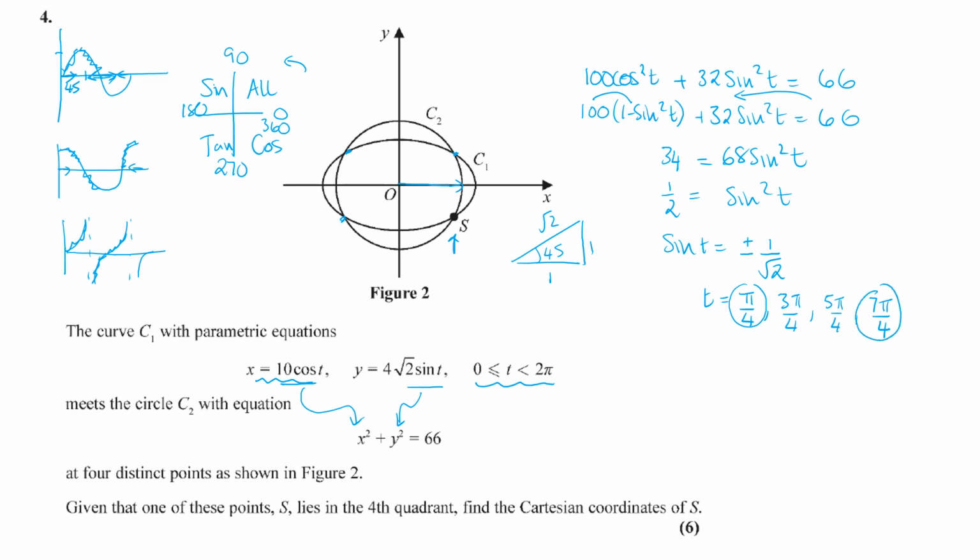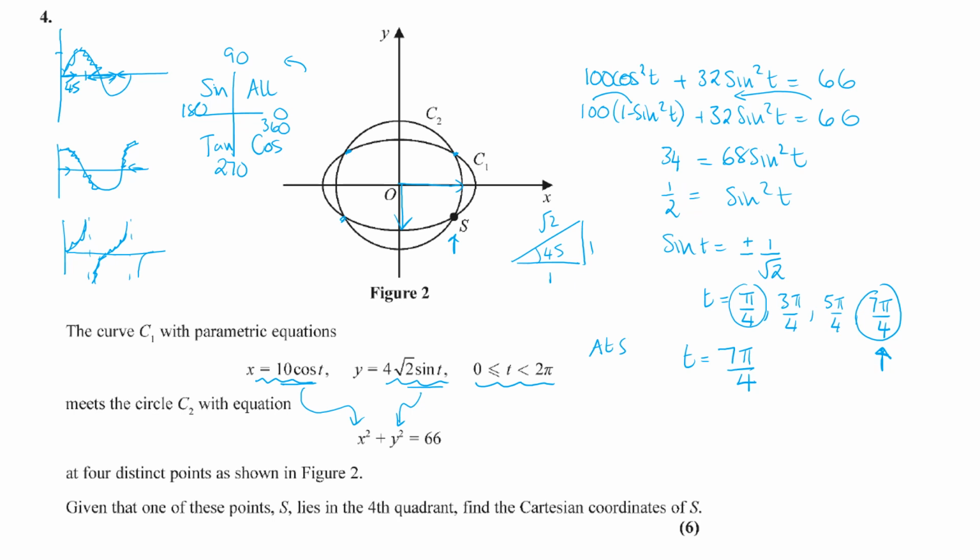So both of those angles will make the x positive. Now which one of those will make the y negative? Because y needs to be negative to be in that 4th quadrant. So it's going to be this one here, 7 pi by 4. So t at S, t is equal to 7 pi by 4.